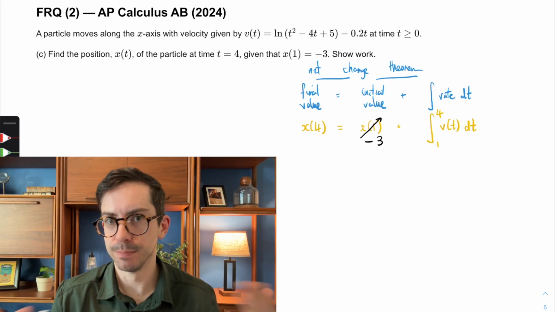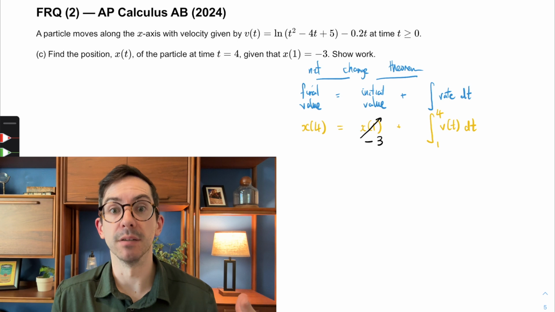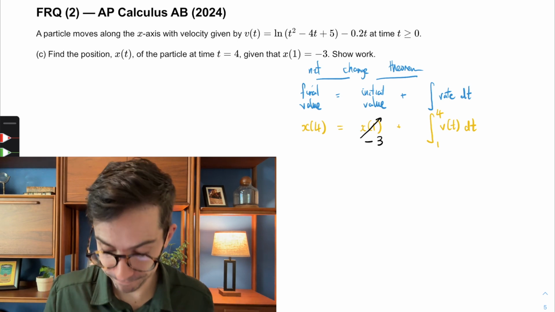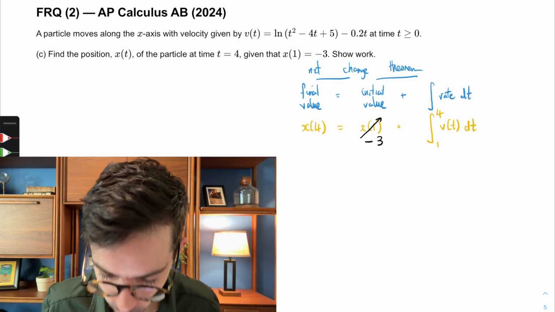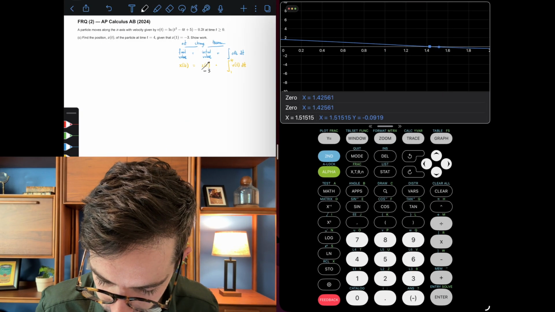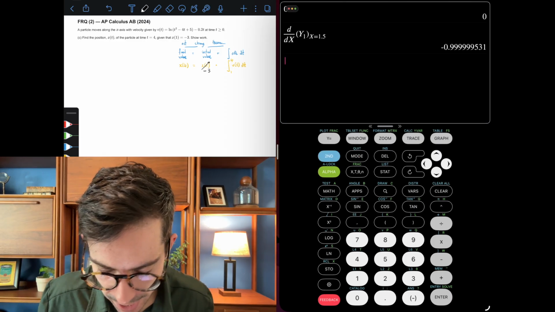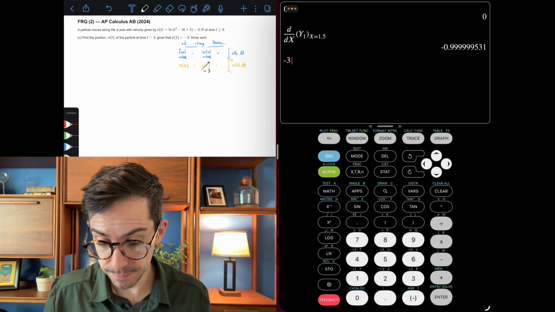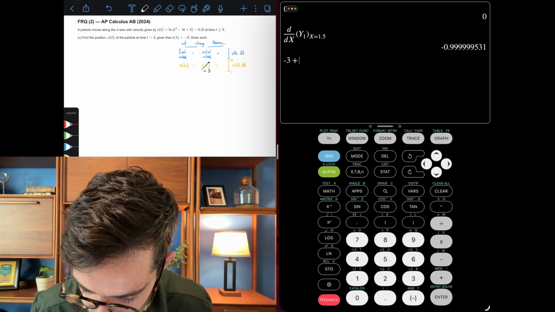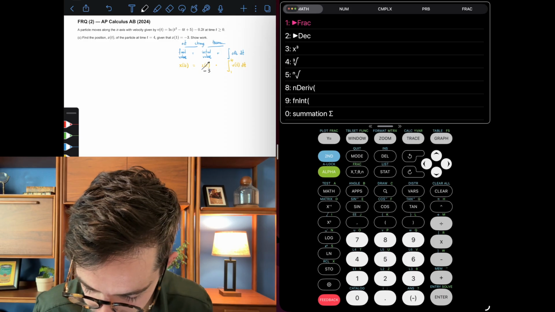So what I'm going to do is pull up my calculator and calculate this expression using my definite integral calculator. That'll give me the answer. We'll be done. So let's get back to our main window. I know I'm starting at -3. I'm going to add on the definite integral's value. So let's hit the math menu, entry 9.